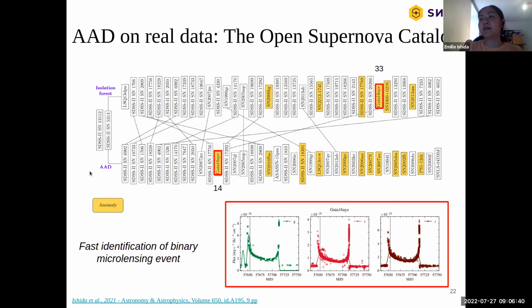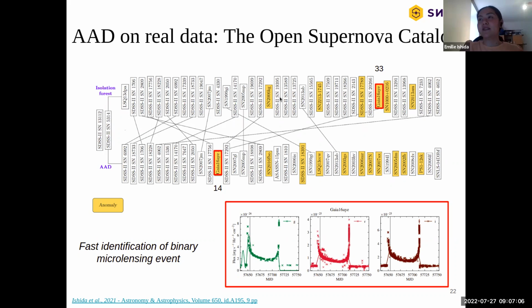Here is a comparison between the active part in the lower branch and the static part in the upper branch. This was the Open Supernova Catalog, only 2,000 objects, a very simple data set, but it was a supernova data set. In this situation, a binary microlensing event was a scientifically interesting anomaly.